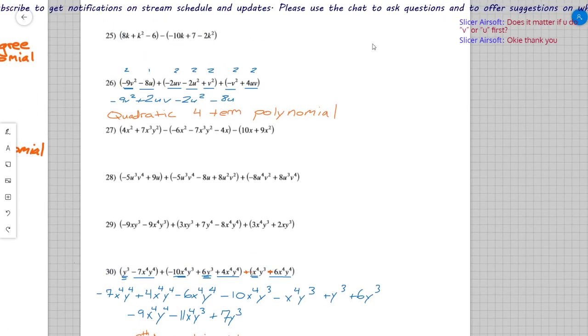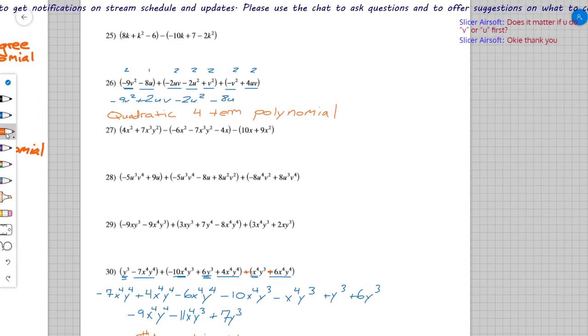Alright, so 27, we're dealing with subtraction, so let's go ahead and change those signs so we can add the opposite. So this becomes a plus, adding the opposite each time.